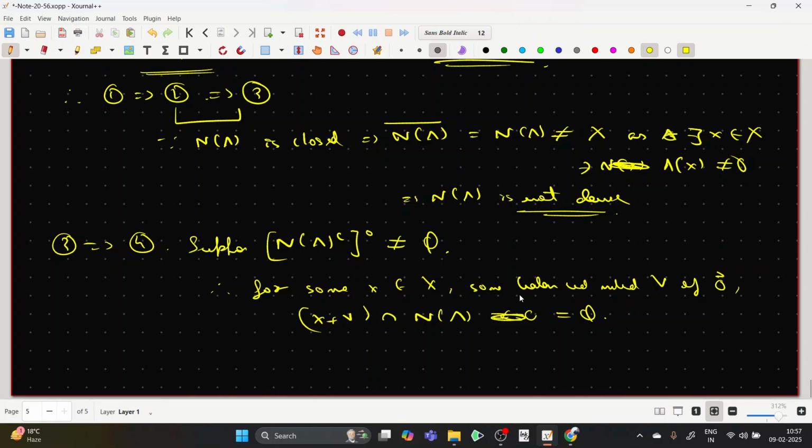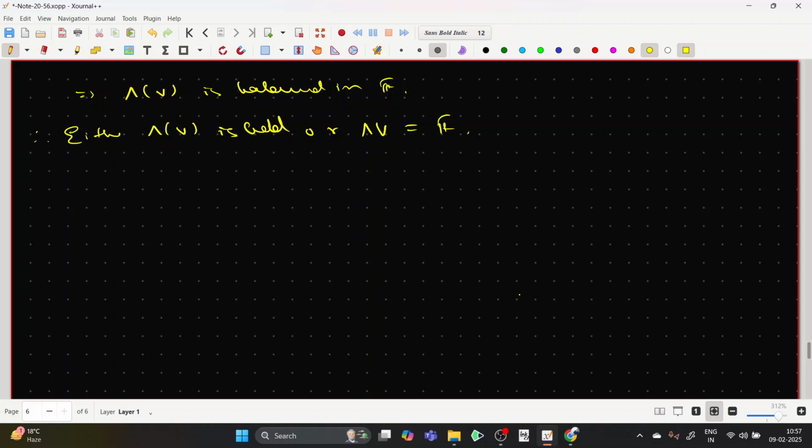Fine. Now what can I do from here? But then this is balanced in the field, therefore either it is bounded, or it is the whole of F. Now if it is bounded, we are done, then it is 4.